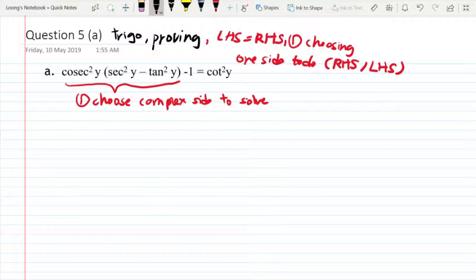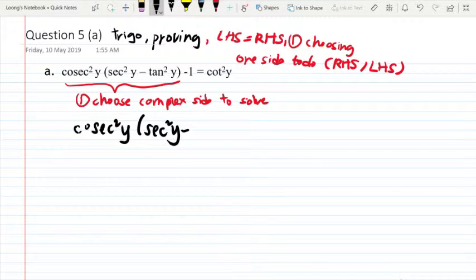And here what we have is cosecant square y, secant square y minus tangent square y minus 1.